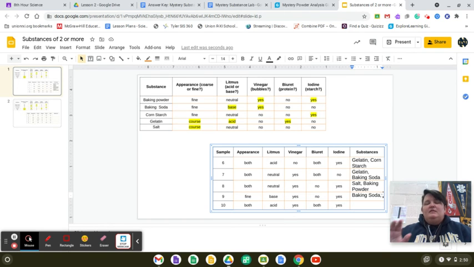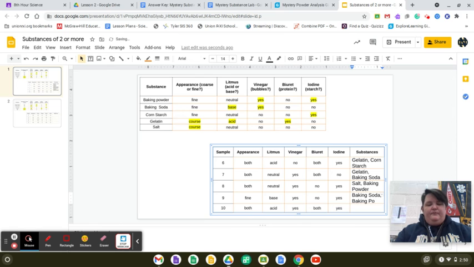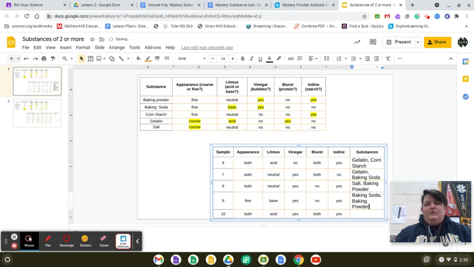However, something else is going to kind of play in here. So we can put baking powder, okay? The other thing that plays in here is I need one yes for vinegar, one yes for iodine total, okay? Well, since I know baking soda is one of them, baking soda already gives me a yes for vinegar, okay? So all I really need is a yes for iodine.